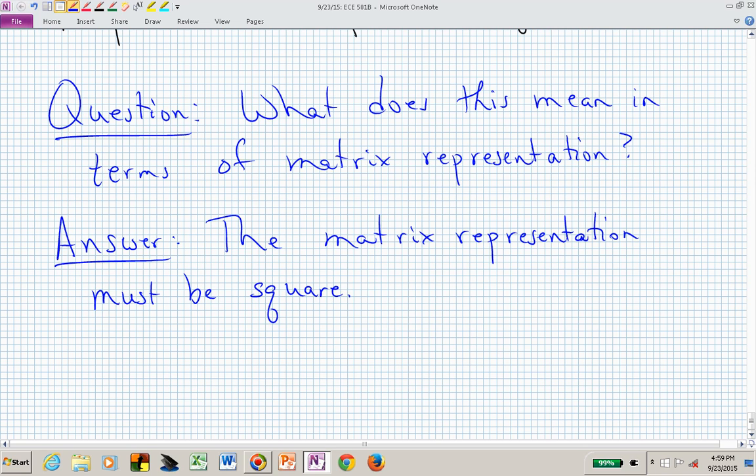The easiest way to think of that is, let's just say that our linear map is not square. You could also have a square linear map that's not invertible. And why is that?